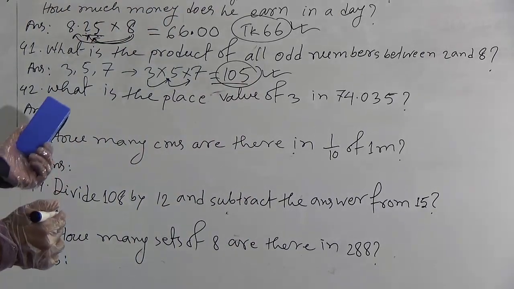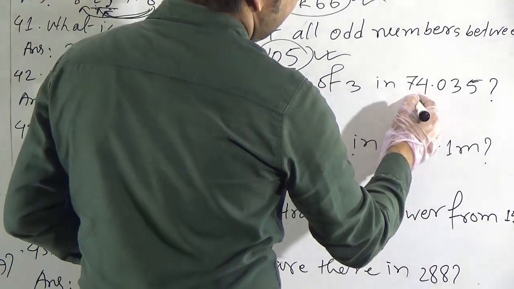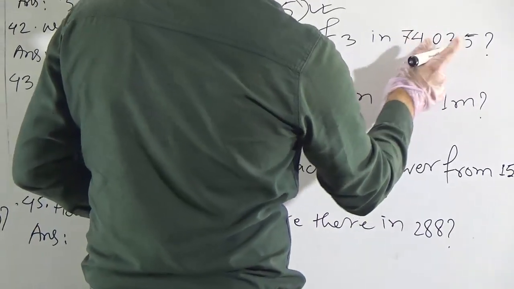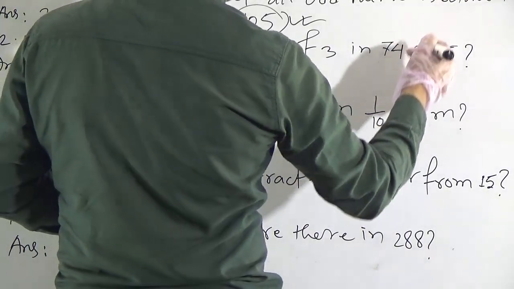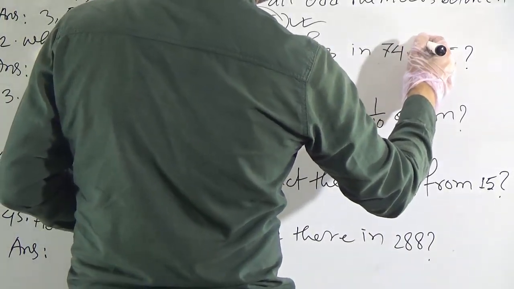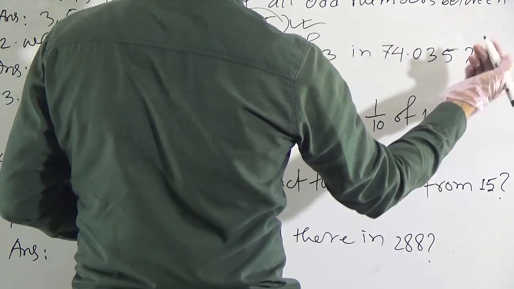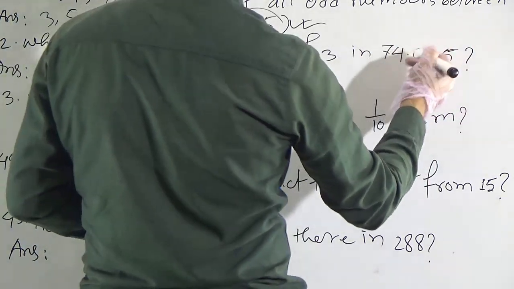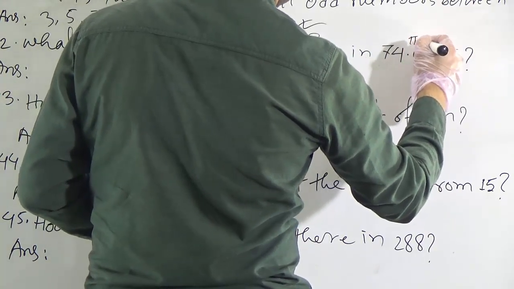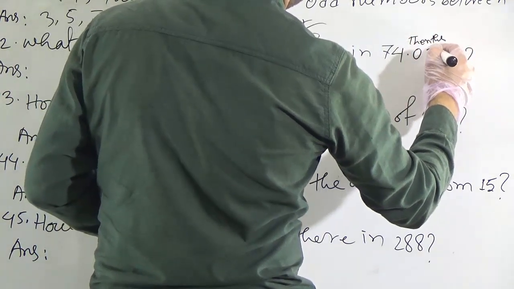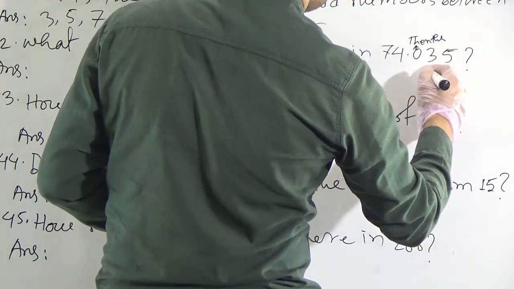Now 42. What is the place value of 3 in this number? 74.035. Here, the students, after the decimal, the first place is tenths, and then this is hundredths, and this is thousandths. We have to start from the left of the decimal.